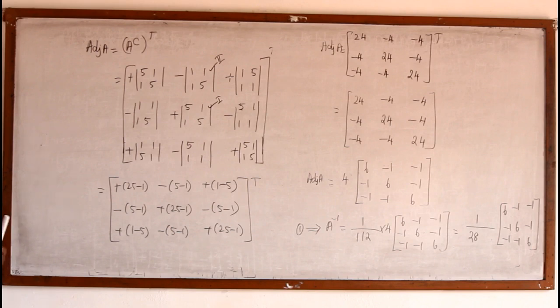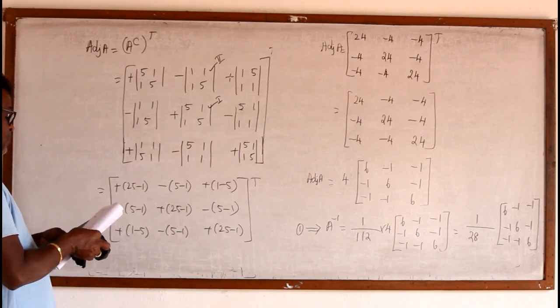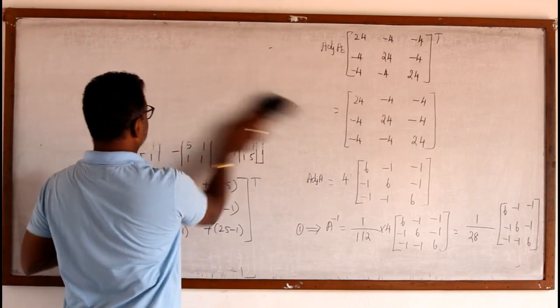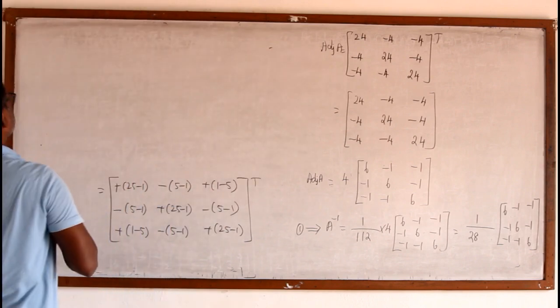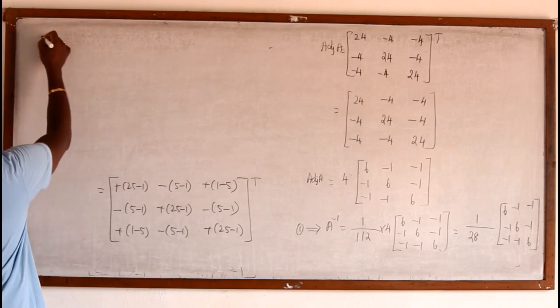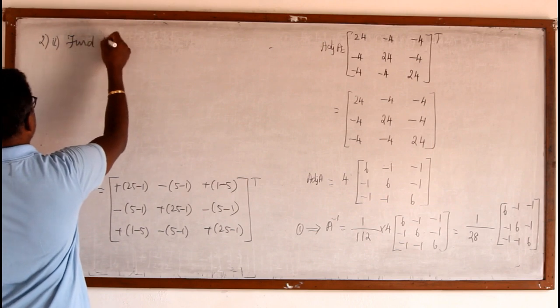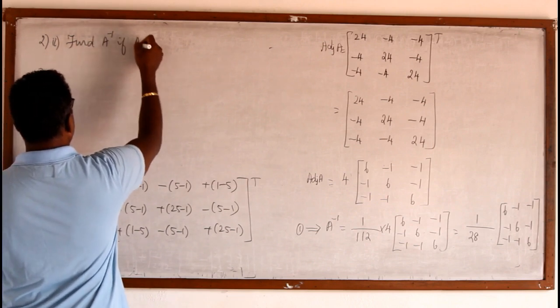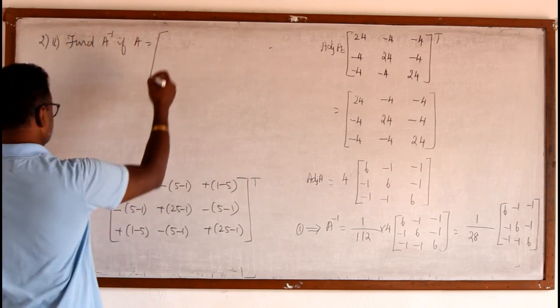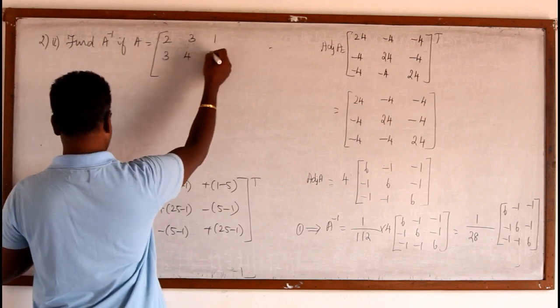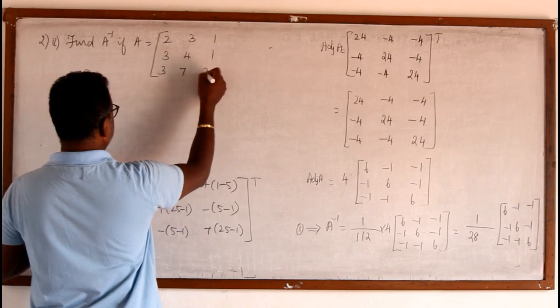So this is the second problem under 2. Now I will do one more problem also under 2. Under 2, second problem. Find A inverse if A equal to 2 3 1, 3 4 1, 3 7 2.